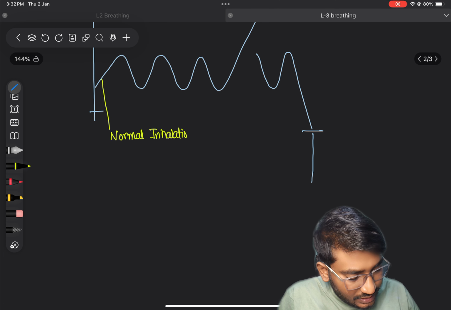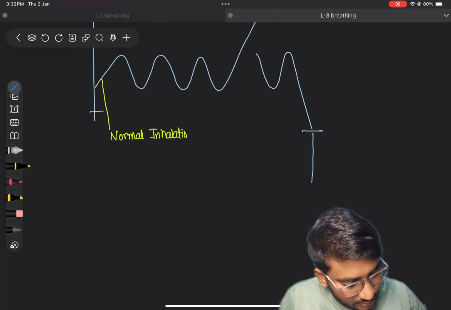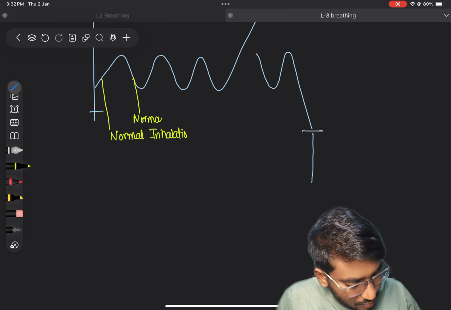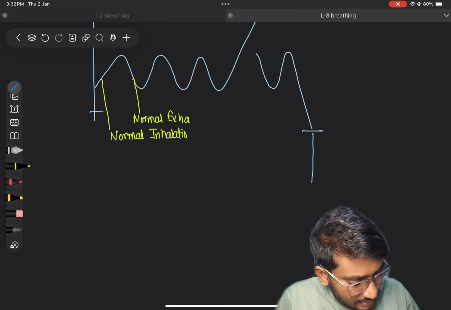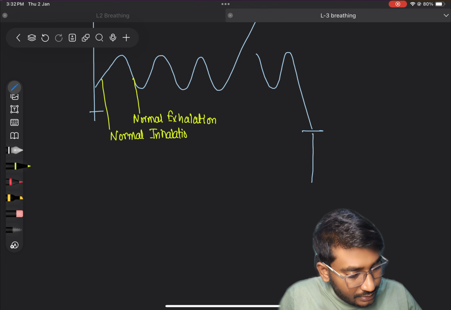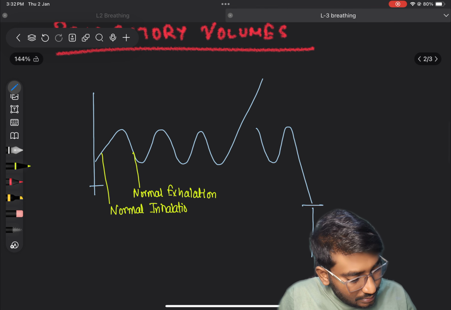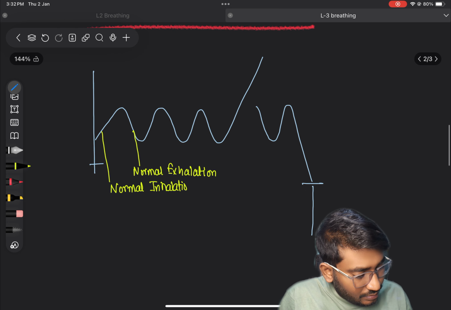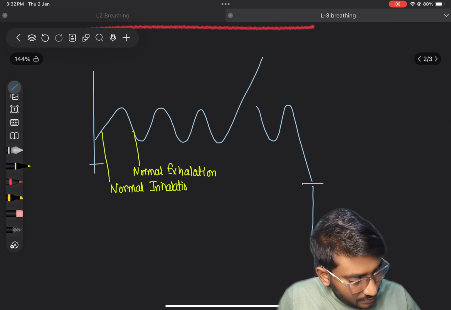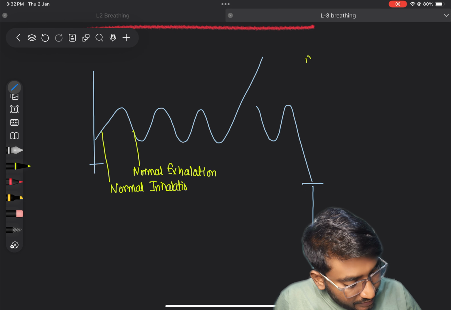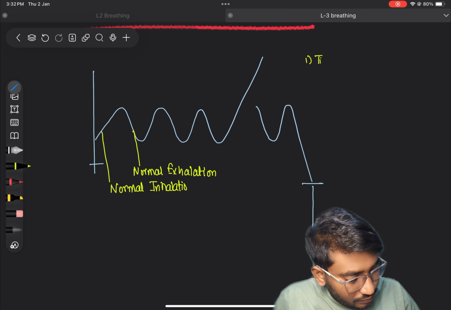This is the normal inhalation. This is the normal exhalation. Now this is IV. I V will be taught later. Write the point, point number 1: that's the tidal volume.